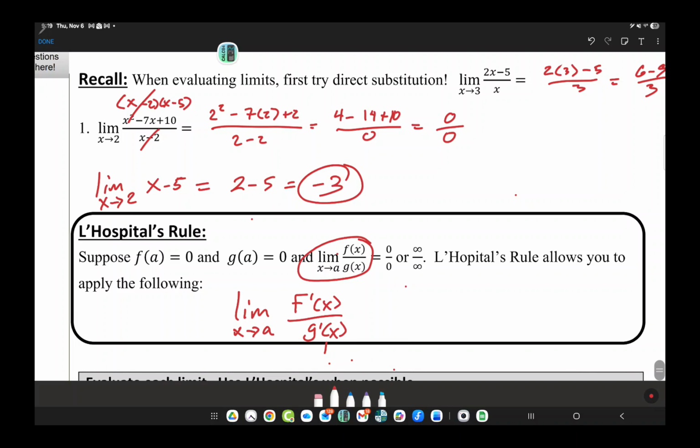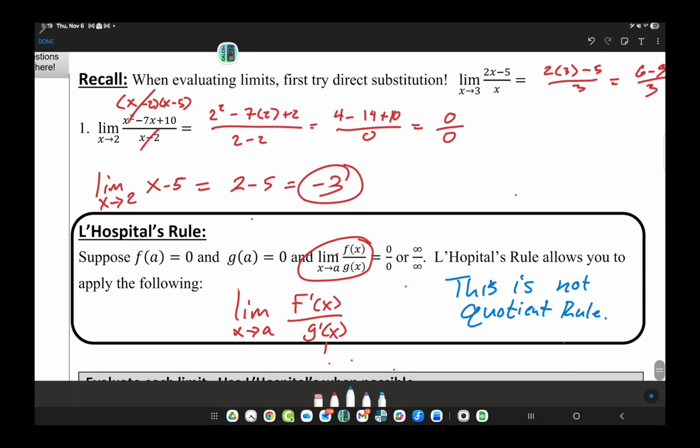Now, this is not quotient rule. We take the derivative of the numerator and denominator separately. So we take the derivative of the numerator, then we take the derivative of the denominator, and then we take the limit of the result.